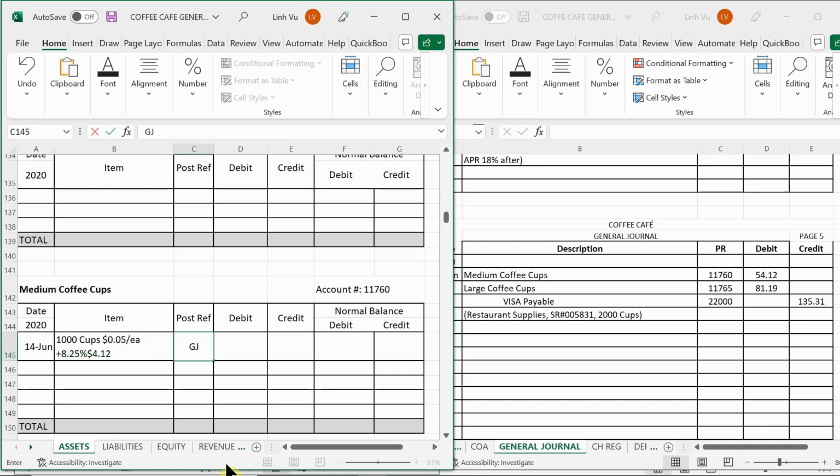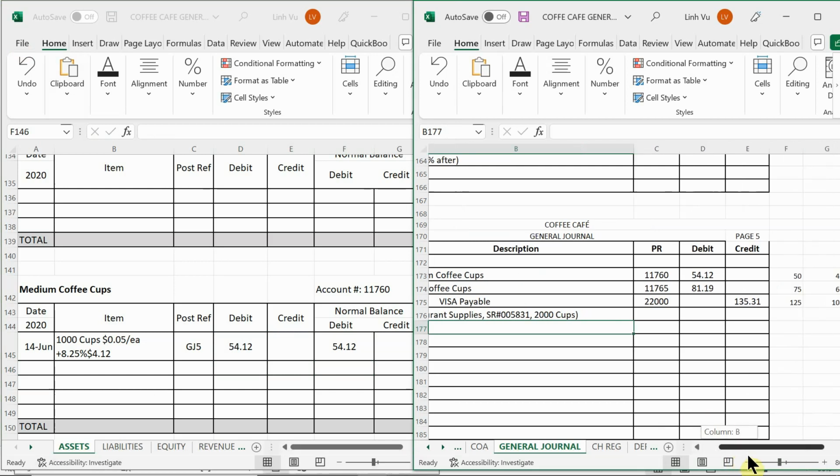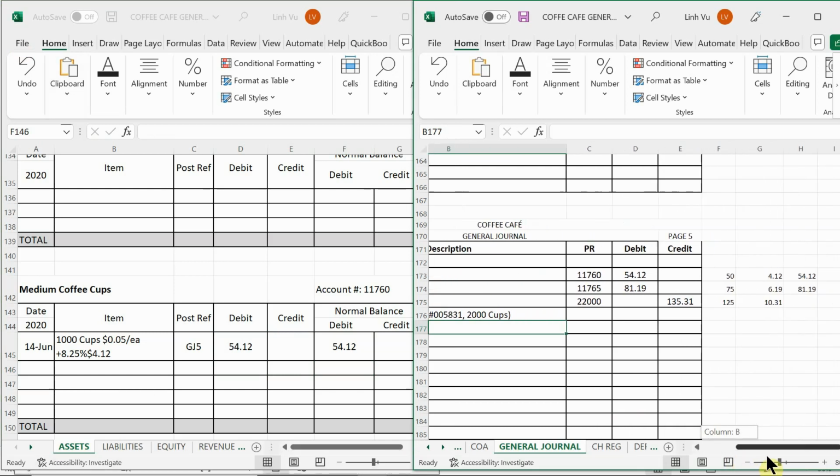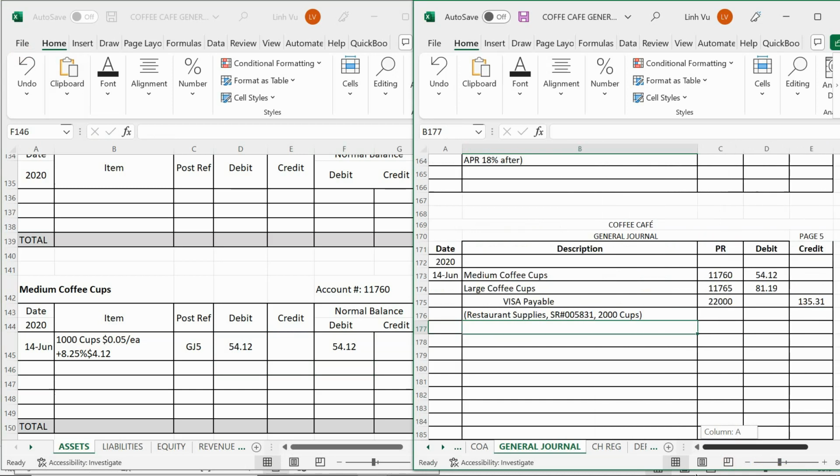Okay, General Journal, page 5 now, since I finished the 4th one, for a total of $54.12. Okay?